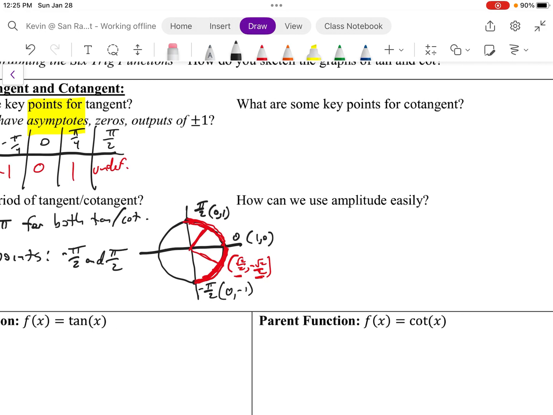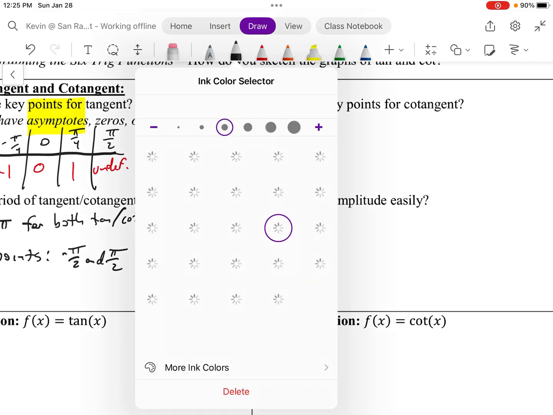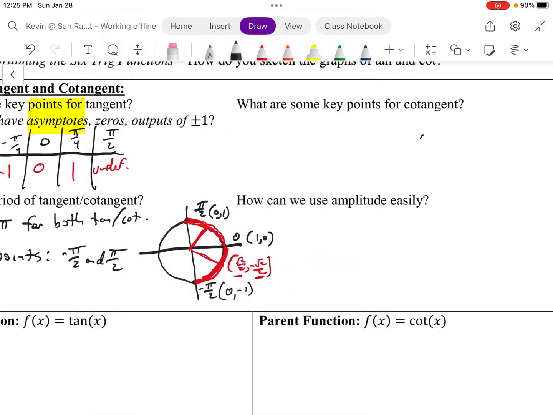Okay, let's go over here to cotangent real quick. Now again, we want to go from where it's undefined to undefined, so where we have asymptotes. So here, if we come around, at pi over 2, cotangent is 0. At negative pi over 2, cotangent is 0. Now, cotangent at 0 radians would be undefined. And the other place where it's undefined is right here at negative 1, 0.